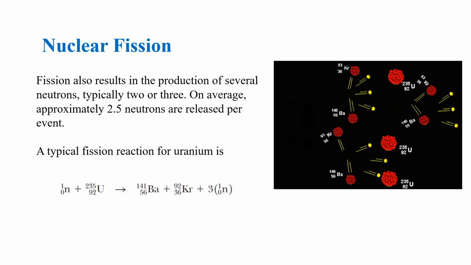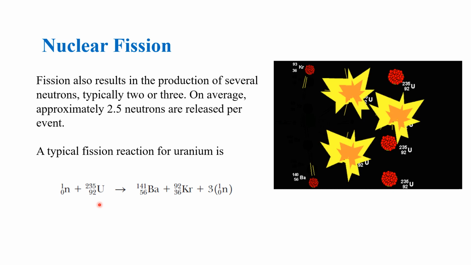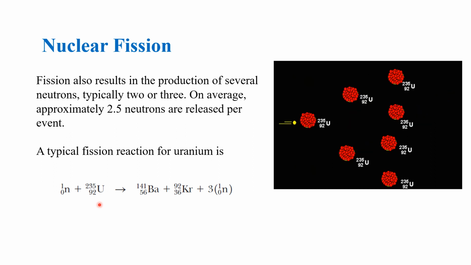You have a stray neutron, or just one neutron that hits a uranium-235 nucleus. And since this is absorbed, it produces again an unstable uranium-236, which then splits into your barium-141 and krypton-92. And this process produces around 3 neutrons.